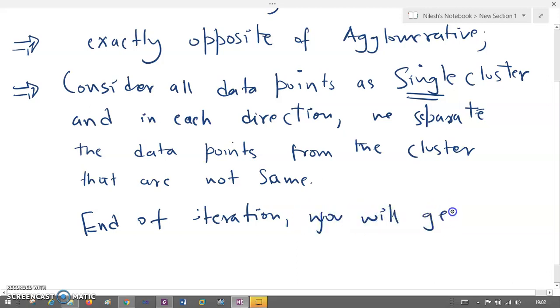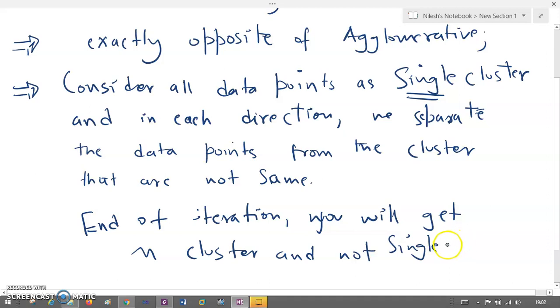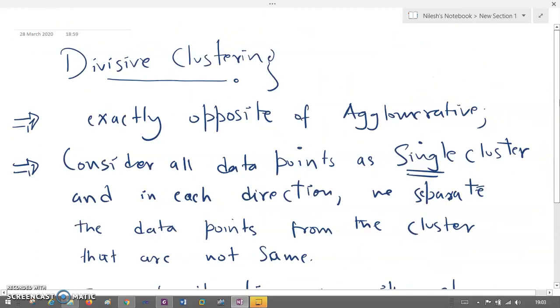You will get n clusters, just the opposite of agglomerative. So you will get A, B, C, D, E, F, n clusters. I hope you are getting it and you understand the divisive clustering technique. Thank you so much.